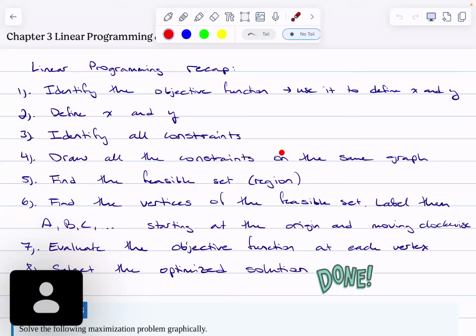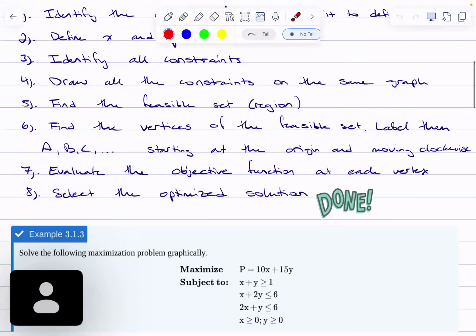You're going to draw all the constraints on the same graph. Figure out which area of the graph satisfies all the constraints at the same time. That's your feasible set, which is going to be a region. Once you have your feasible set, you can find the vertices of the feasible set.